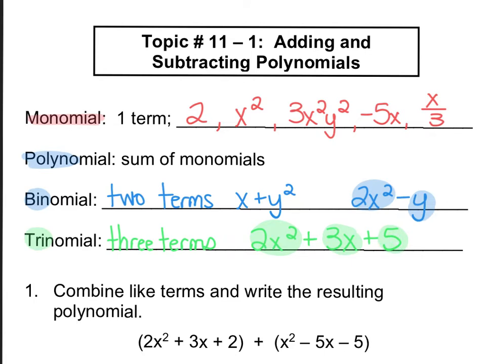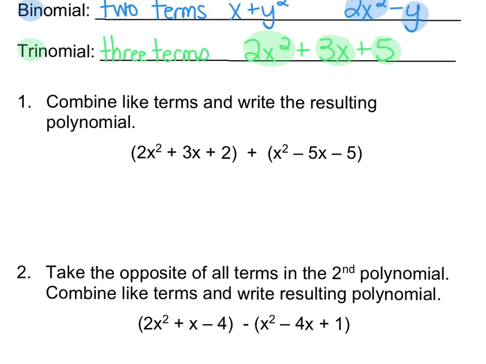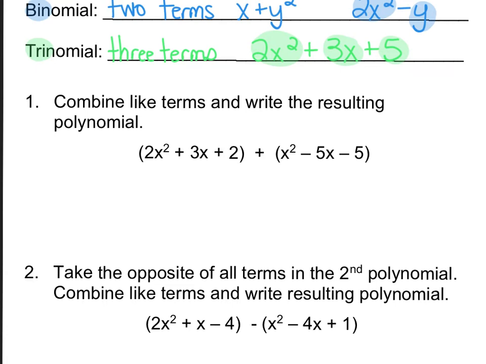All right, so when we are adding or subtracting polynomials, we have to combine like terms and write the resulting polynomial. So x squareds go with x squareds, x's go with x's, numbers go with numbers, and so on. So if I'm adding 2x squared plus 3x plus 2 to x squared minus 5x minus 5, I'm going to combine all of my x squareds.